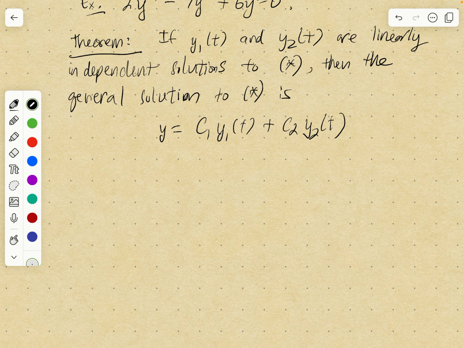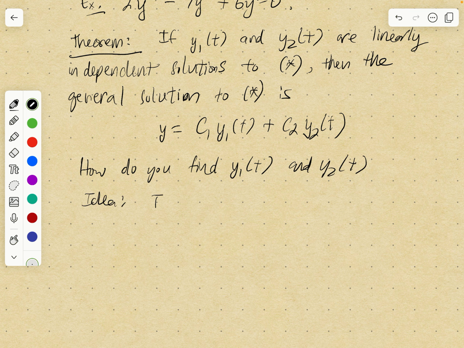The idea is to try y, so this could be y1 or y2, equals e to some constant t, so e to the rt, where r is some real number. And it turns out that you will, in many cases, be able to find y1 and y2 as e raised to some constant times t.